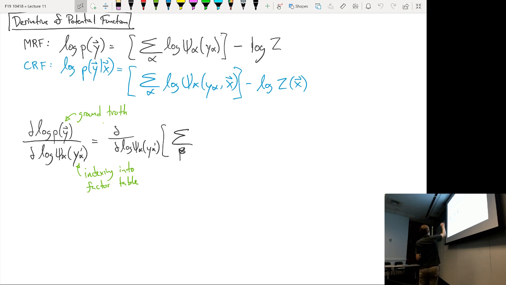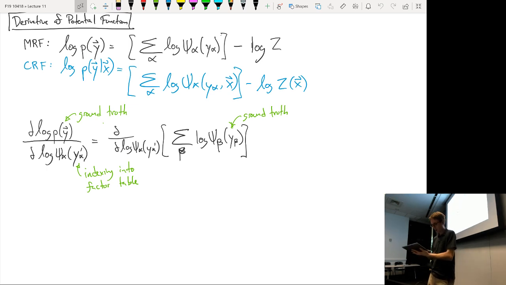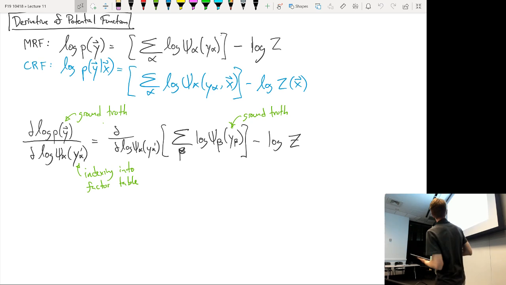So here, this summation is going to be over factors beta, and for each one, we're going to have log of psi beta of y beta, where here, this y beta is referring to the ground truth from our numerator. Okay, so then we also need the minus log Z term as well.